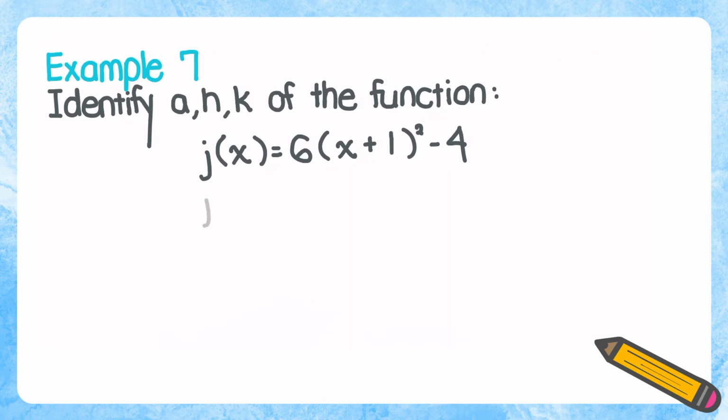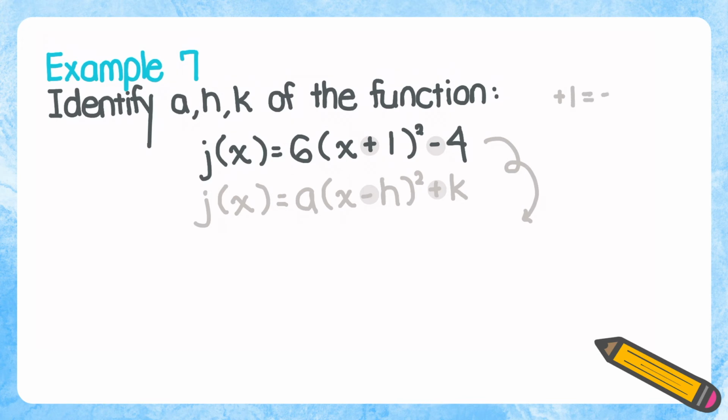The general vertex form is j of x equals a times (x minus h) quantity squared plus k. Notice here the plus and the minus, over here too, minus and plus. It's not an exact match, so we need to rewrite it.